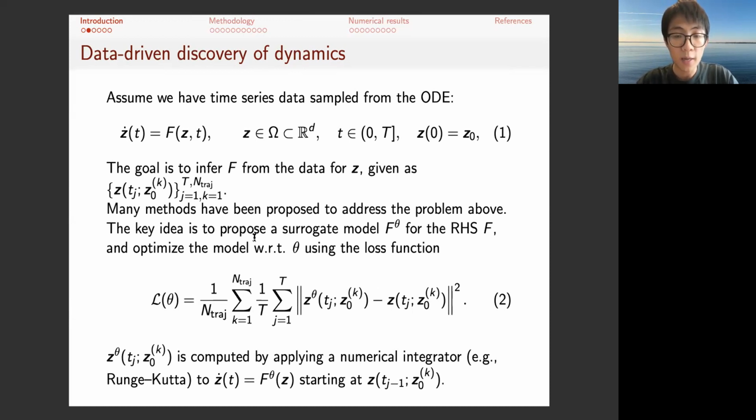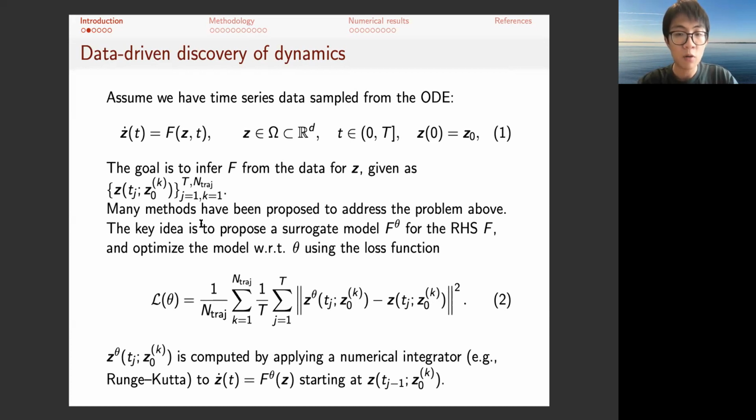The loss function is defined to be the mean value of the difference between z_theta(t_j, z0^k) and z(t_j, z0^k), where z(t_j, z0^k) is the ground truth value, and z_theta is computed by applying a one-step numerical integrator, starting from a ground truth value to get the next value using the surrogate model z dot equals f_theta.